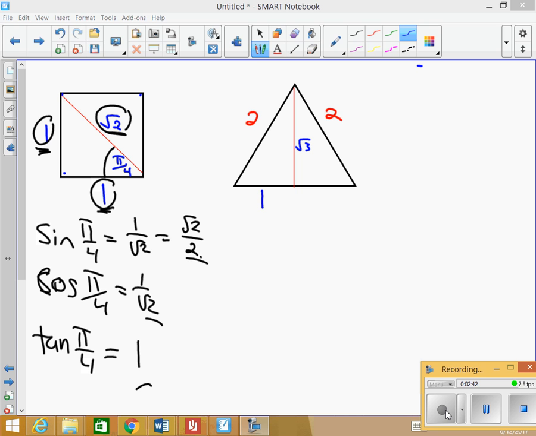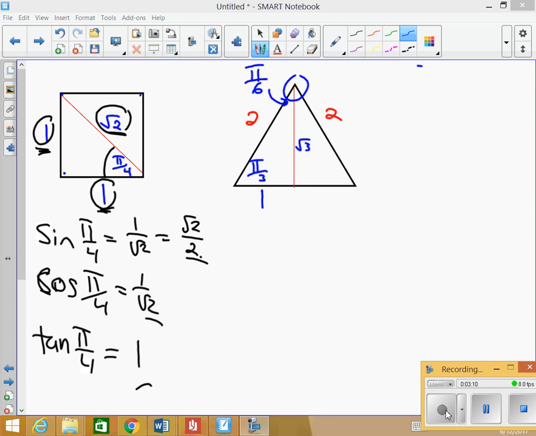In an equilateral triangle, all the angles are equal and add to 180. 180 divided by 3 is 60 degrees, and 60 degrees is pi over 3 in radians. The angle at the top is going to be half of 60, so pi over 6, or 30 degrees.